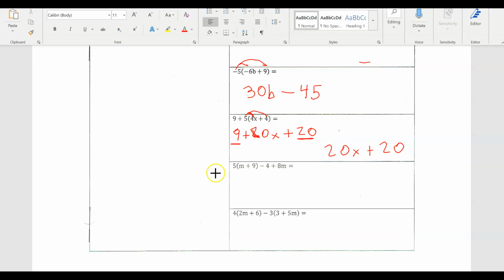Okay. Let's try this one on your own and answer in the Edpuzzle question that I've left here. Okay, so a couple of steps to this one. We've got to multiply 5 times m. That's 5m.